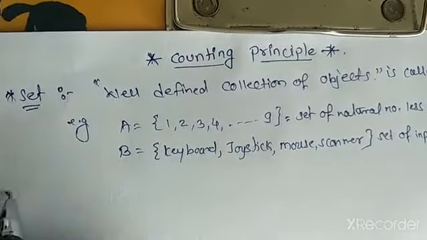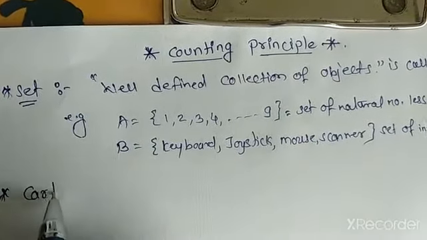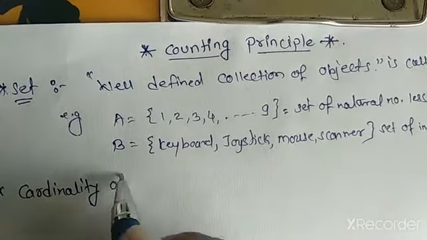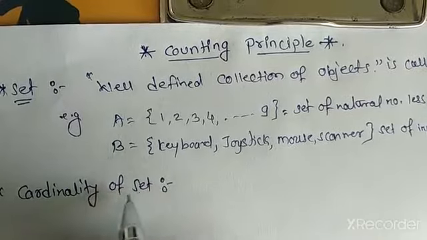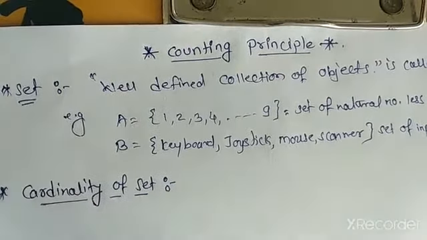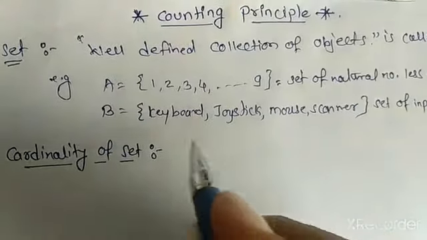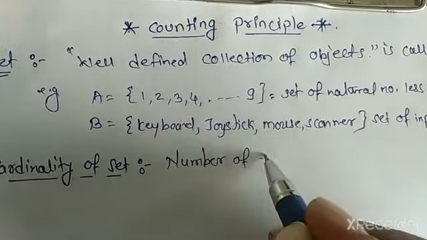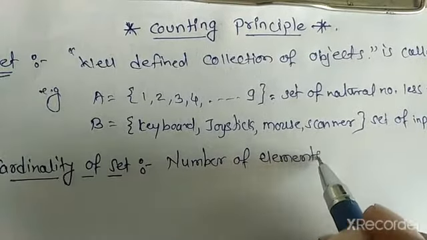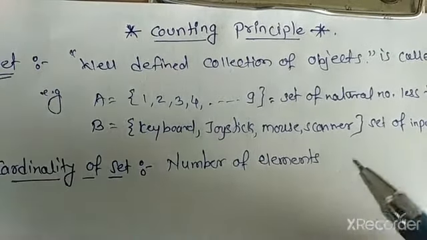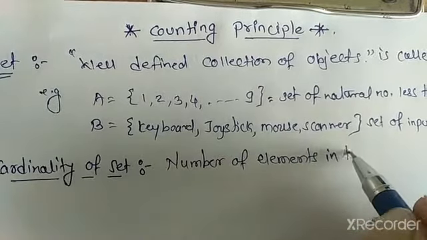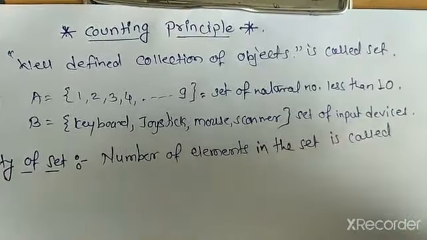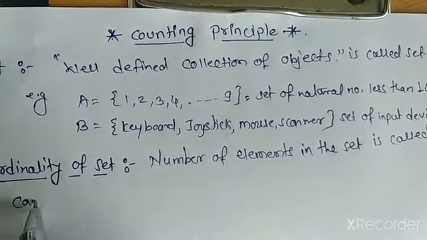Next definition is the cardinality of a set. The cardinality of a set is the number of elements in the set.